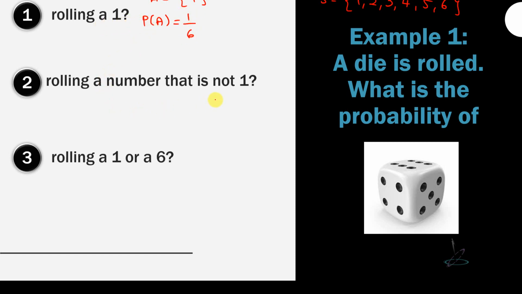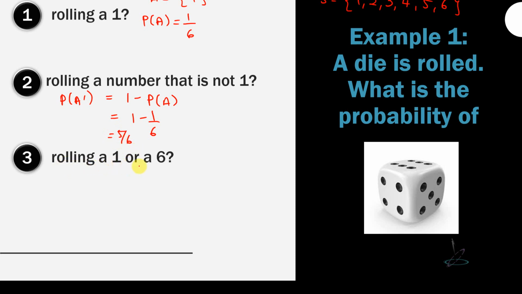Rolling a number that is not 1: just now we defined that A is rolling a 1, so now it is not 1, so we are looking at probability of A prime. Using the formula I told you before, this is 1 minus probability of A, so 1 minus 1 over 6, which is 5 over 6.